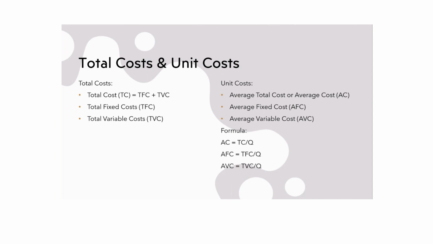And average variable cost is equal to total variable cost divided by Q. Actually, AC is also the sum of AFC and AVC, aside from AC being equal to TC divided by Q. And the most important cost here is the unit cost, the average total cost, or simply average cost, because this will give rise to economies of scale.